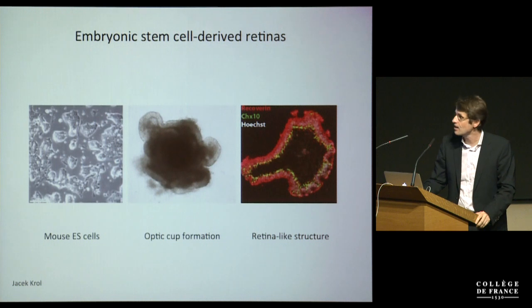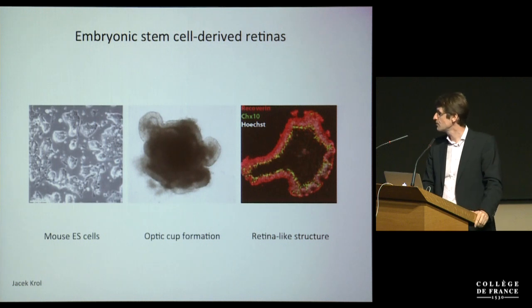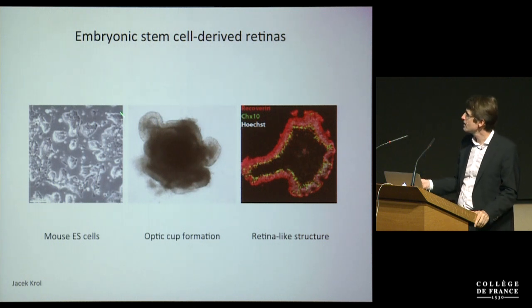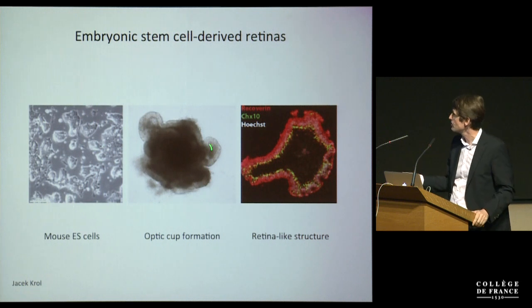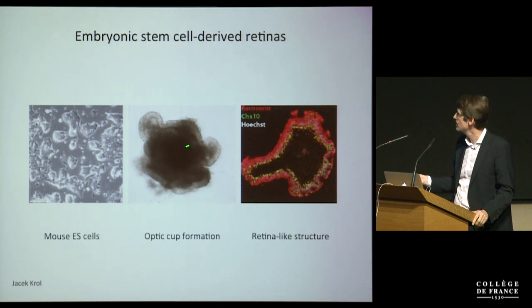And we turned to a culture system in mice that was at that time developed by Yoshiki Sasai, whom you heard about before. Yoshiki's major achievement was that he realized that using a certain set of different molecules, he was able to observe the outgrowth of optic cups from this mass of differentiating cells.